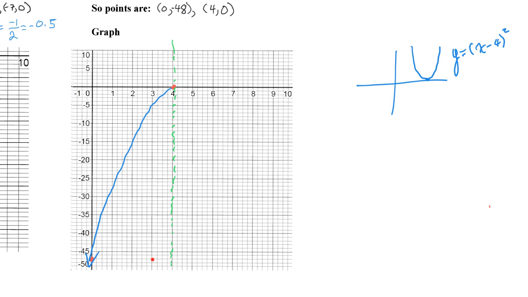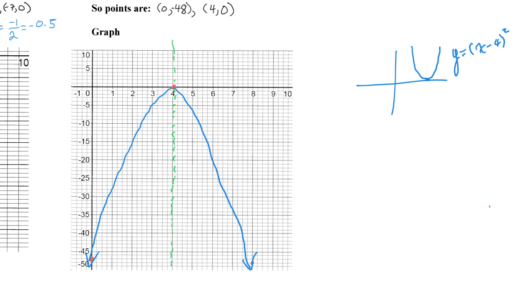So here's 48, and then I just count 4 spots over: 1, 2, 3, 4. So that's where my point is. We'll just paste it in there, and then copy the rest of our graph. And there we go. We have our nice graph, nicely constructed.